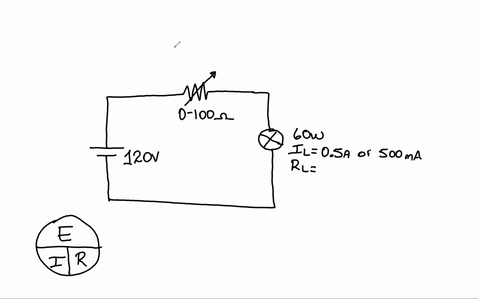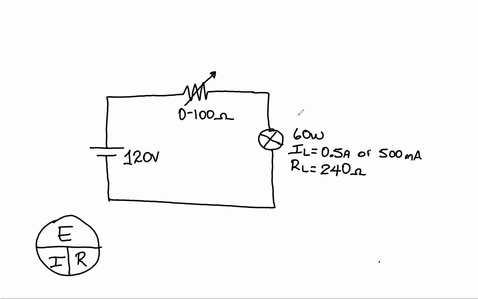Perfect. Thank you so much. So we have 240 ohms. Perfect. So something that I want you to keep in mind going forward is that this value that we are using, the 240 ohms, is going to be a rated resistance value. That value won't change even if we change the voltage and the current that we have on this light bulb.